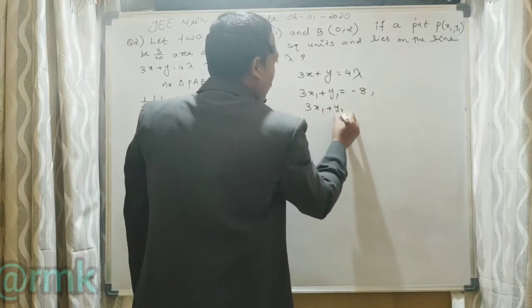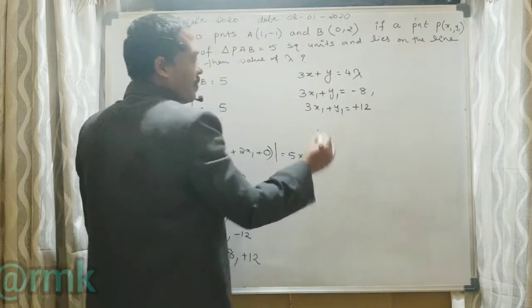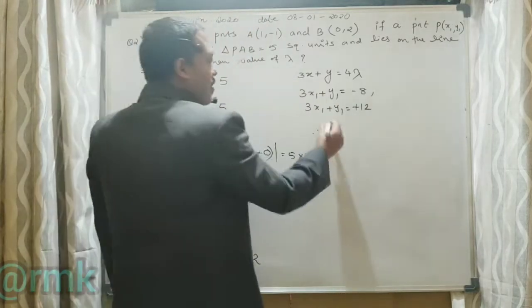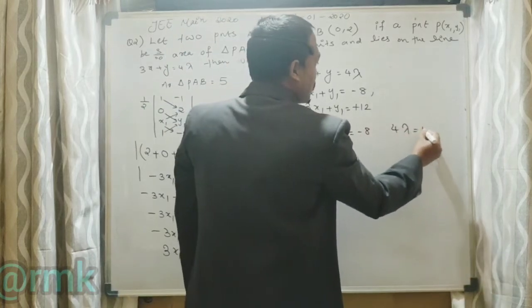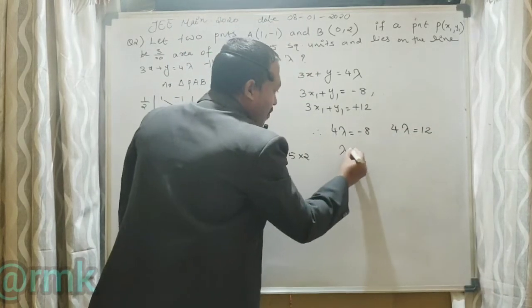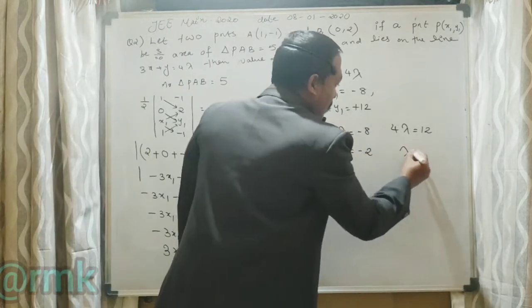Therefore 4 lambda is minus 8, and here 4 lambda is plus 12. Therefore simply lambda is minus 2 and lambda is equal to 3.